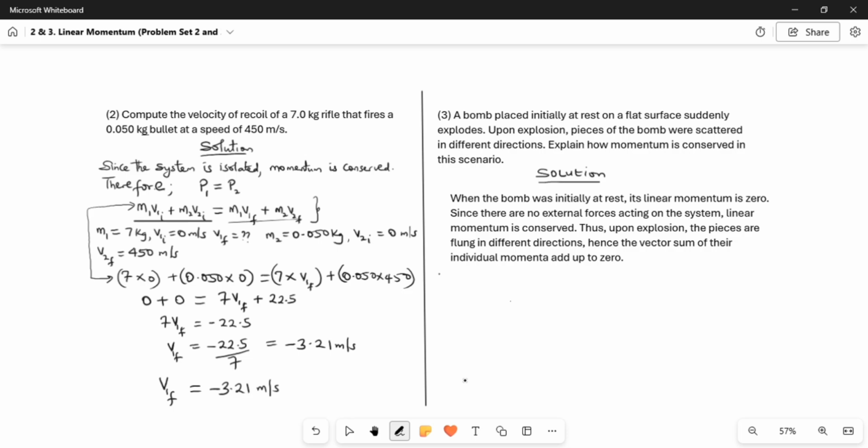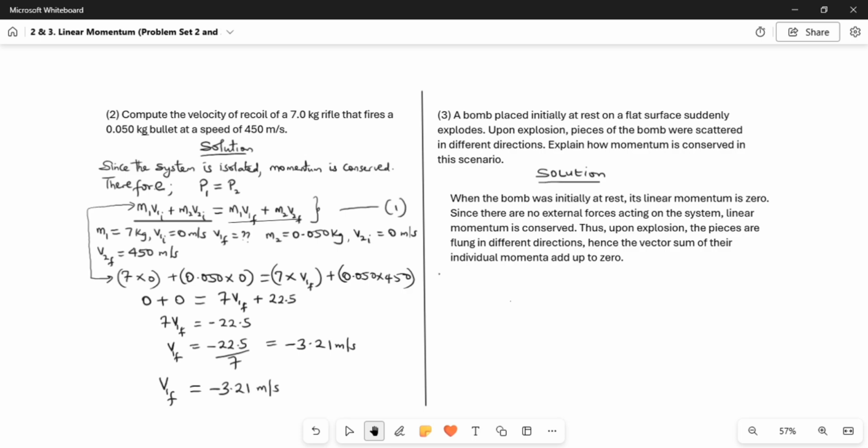So we have the parameters given. We simply substitute all these into equation 1. We are assuming the rifle to be the first object and the bullet to be the second object. So M1 corresponds to the mass of the rifle, M2 corresponds to the mass of the bullet. And then the rifle is assumed to be in a state of rest. The bullet is also assumed to be in a state of rest.